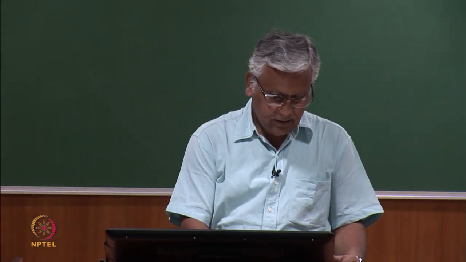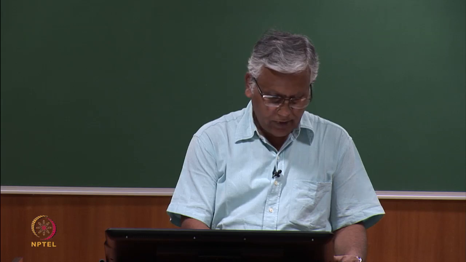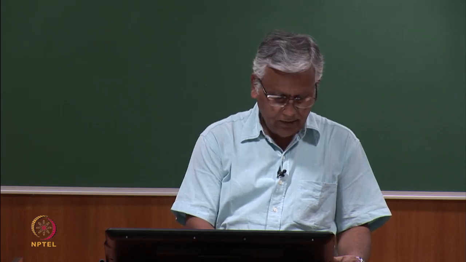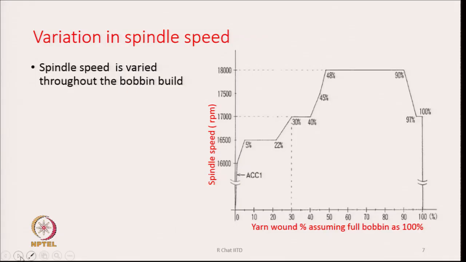The spindle drives we have seen. Now, another important aspect of the spindle drive is that the spindle speed is varied throughout the bobbin build. That is, the spindle speed from the beginning to the end of a particular bobbin building is not fixed, it is not constant.